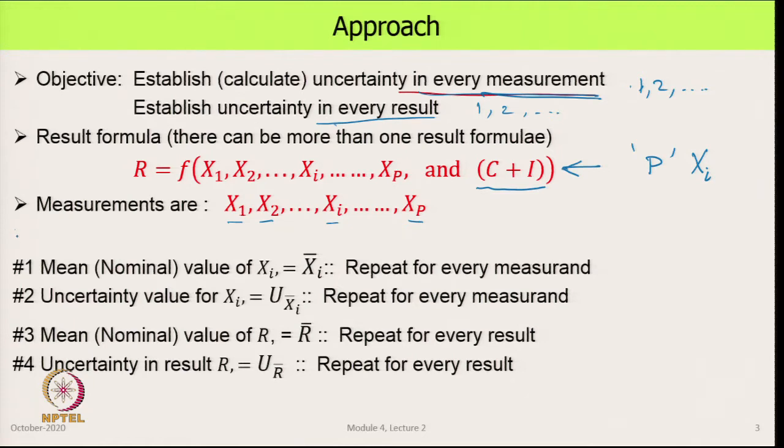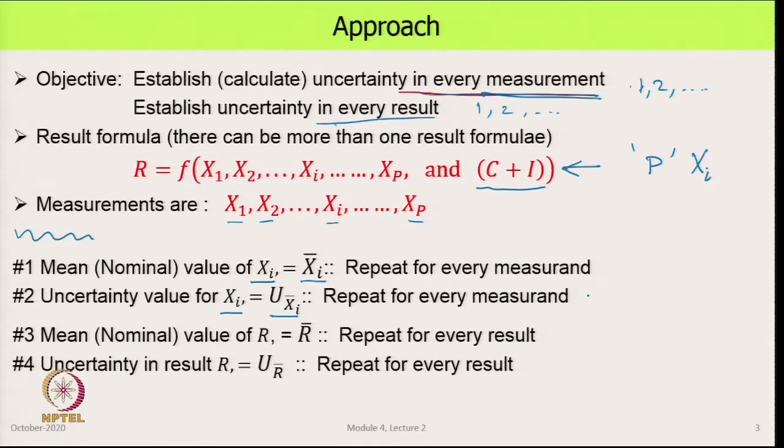So, broadly what we will do, we first calculate the mean value of every measurand or the parameter, x i bar. Then we can calculate the uncertainty for each of the measurands, which is capital U x i bar.